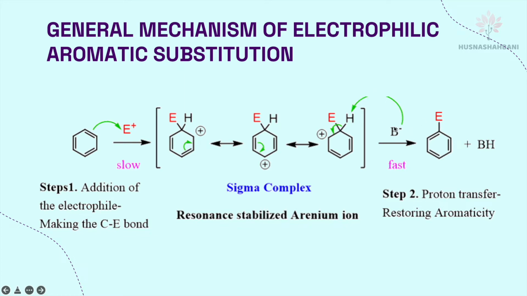It will use its lone pair electrons to form bond with this hydrogen, and then these 2 electrons will be used to stabilize this positively charged carbon, making the double bond again and making this arenium ion have 3 double bonds again. So step number 2 is proton transfer and restoring the aromaticity of the aromatic ring.